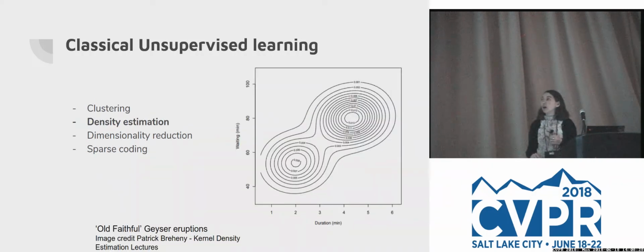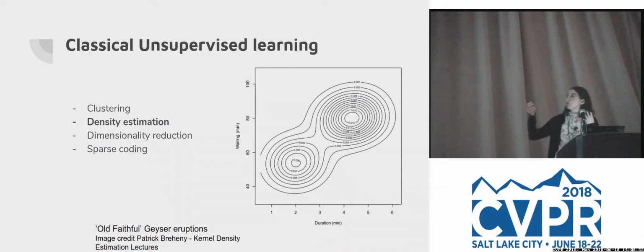Another very fundamental approach in unsupervised learning is density estimation. You have, again, a number of points in some space, and you would like to model, usually by probabilistic modeling, their density, so that you know if you sample a point, what's the probability of it being part of this event.